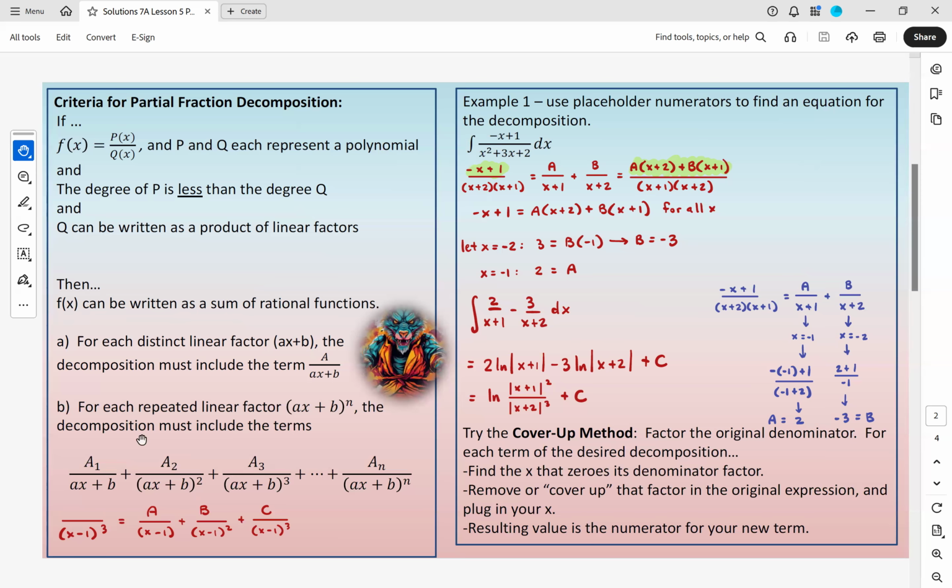Part B, don't worry about this right now. We'll save this for Monday to talk about a special case, but you can kind of see what's developing here. If we had repeated linear factors, there's a slightly different pattern, but we'll save that for another day. All right, let's check out example 1.